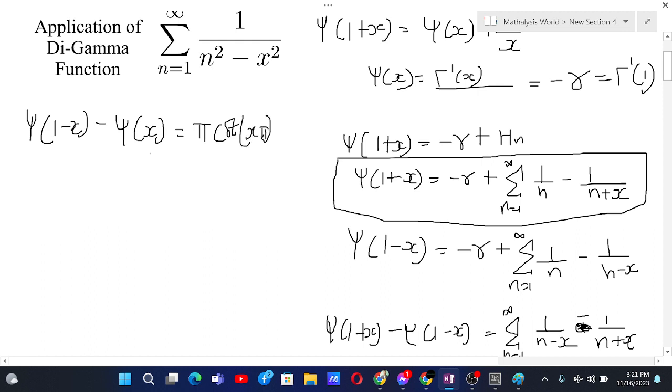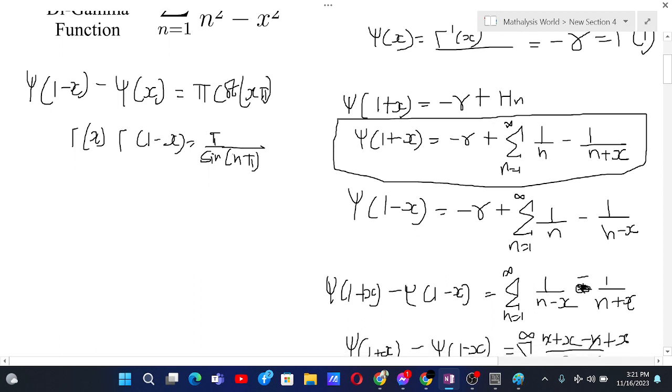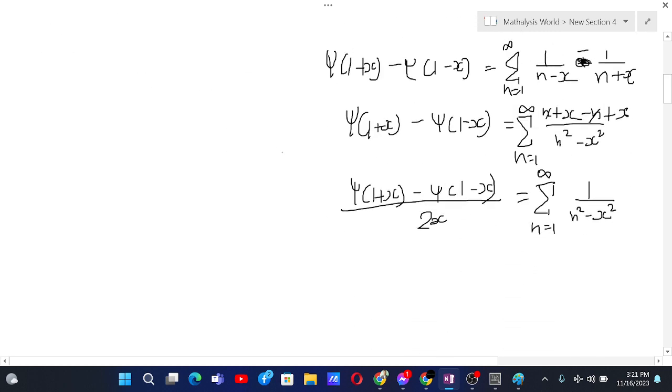You can derive this from gamma x times gamma 1 minus x equals pi by sine x pi. Just differentiate both sides and you will get this expression. Sorry, this is pi by sine x pi, for this case sine x pi. I'm sorry for that.